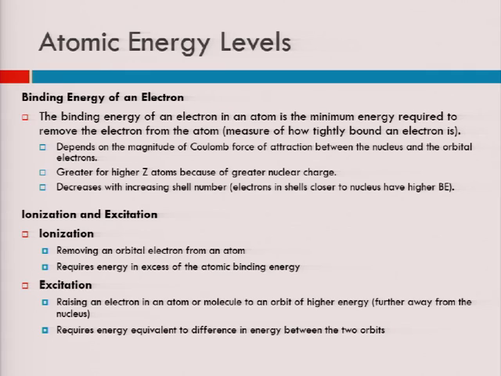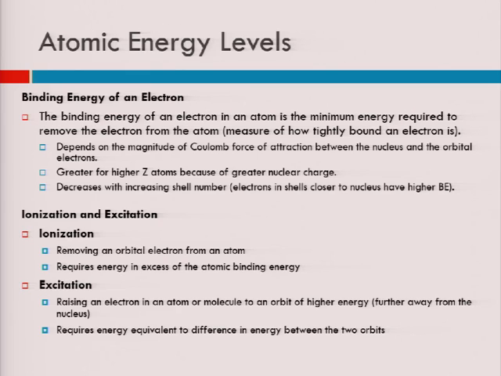Because if you have a higher Z, that means you have more protons, so there's greater nuclear charge. And it's going to decrease with increasing shell number, meaning if I have an electron in the K shell that's very close to the nucleus, that's going to be much more tightly bound than an electron that's in an L shell or an M shell. The farther you get away, the less that attraction of the Coulomb force between the nucleons and the electrons.